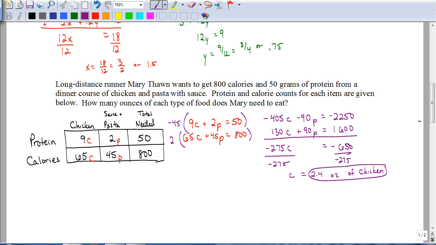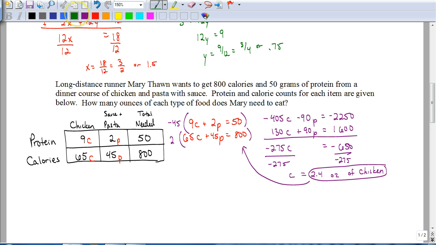Now to figure out how many ounces of pasta and sauce I would need, I'm going to put 2.4 into either one of my original equations. You always want to go back to your original equation, so one of those two. I'm going to put 2.4 in for C. Looks like it'd probably be easiest for me to do the first one.